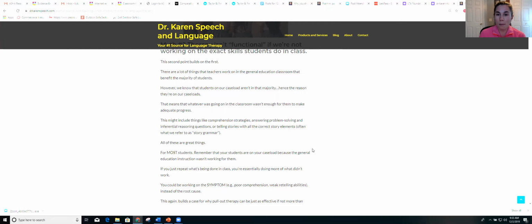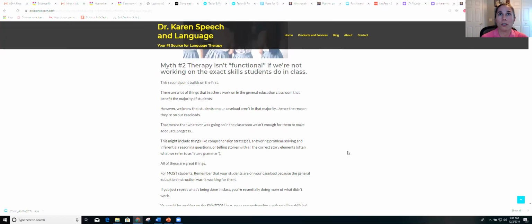And of course, because they're struggling to put sentences together, the cohesion of their paragraph wasn't very good. There was not a lot of work going on the root cause of the problem, which was their poor syntax and vocabulary. There was a lot of just trying to get them to put it all together without getting them to build those foundational skills.